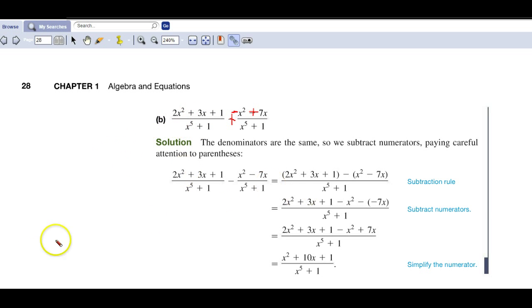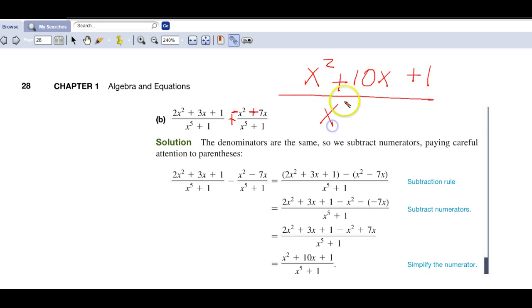And let's do that. So we have a negative x squared and a positive 2x squared gives us just an x squared. 3 plus 7 gives me a 10. And there's a 1. And that's all going to be over your common denominator.